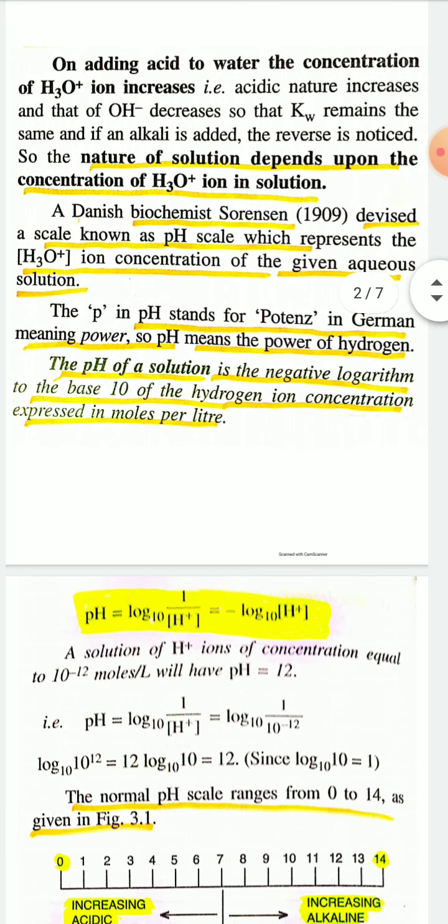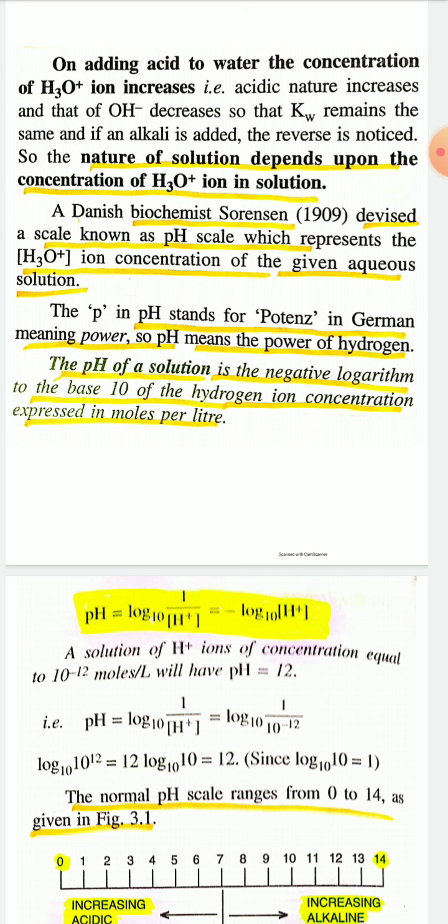Suppose the concentration of H+ ion in a solution is 10 to the minus 12. Then using this equation, pH = -log10[H+]. If the concentration of H+ ion in the solution is 10 to the minus 12 mole per liter, and you calculate the pH using this formula, you will see that pH is equal to 12.